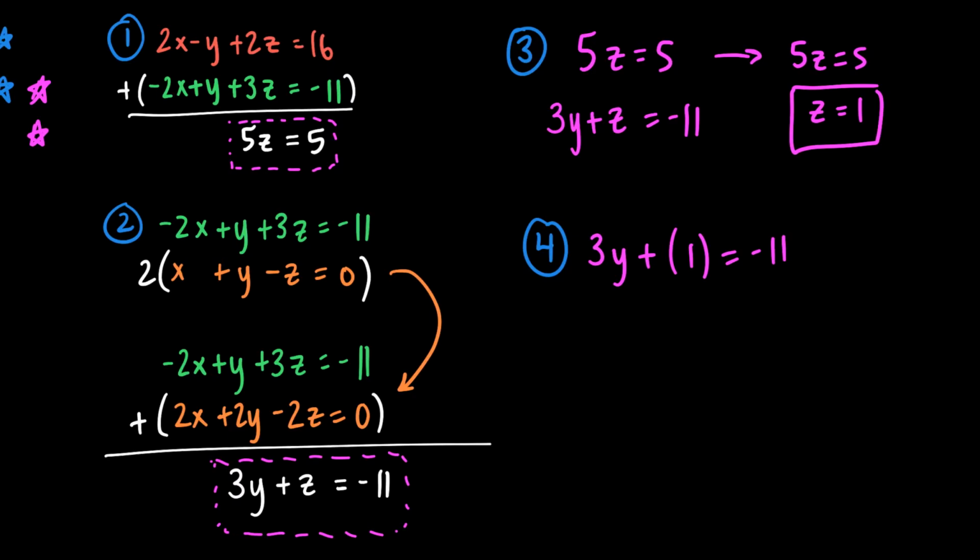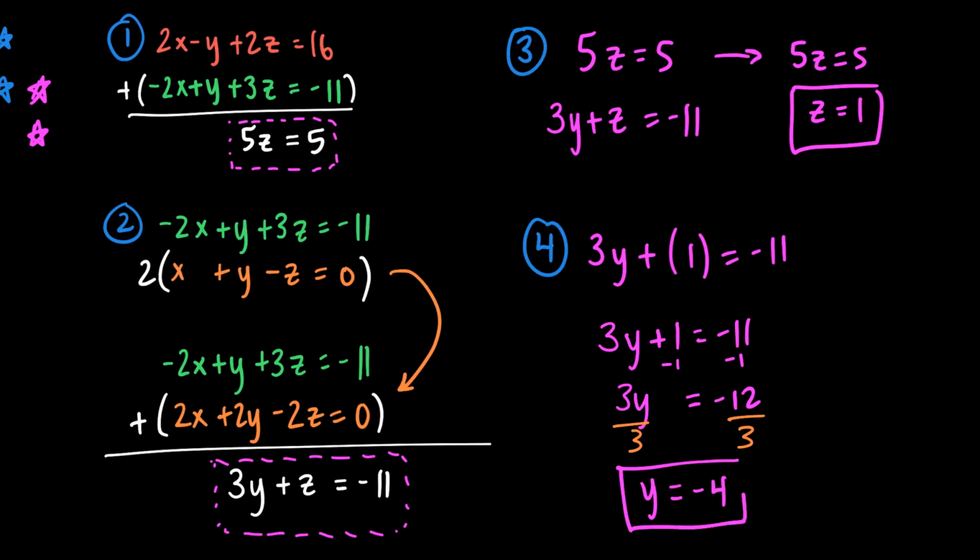So now we're solving for y. 3y plus 1 is equal to negative 11. If you subtract 1 from both sides, 3y is equal to negative 12. Then if you divide by 3 on both sides, y is equal to negative 4. All right, so y is equal to negative 4, and z is equal to 1.